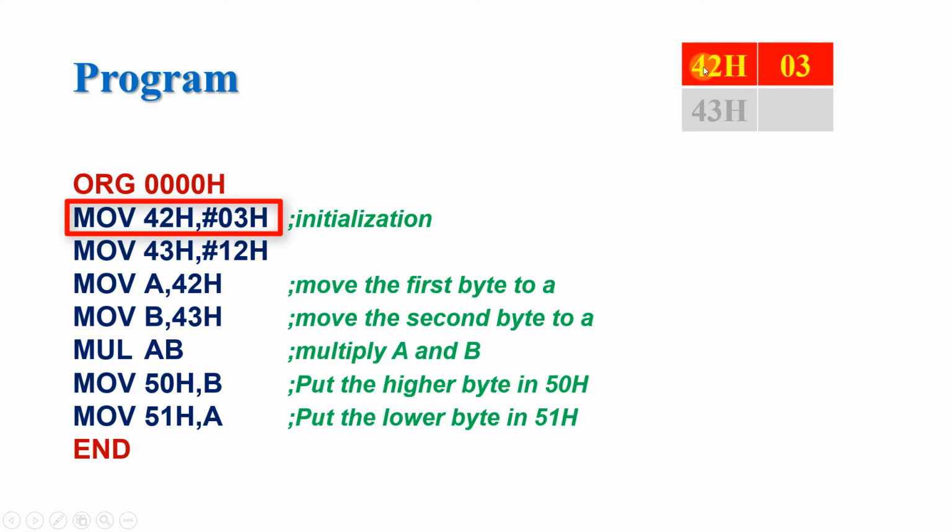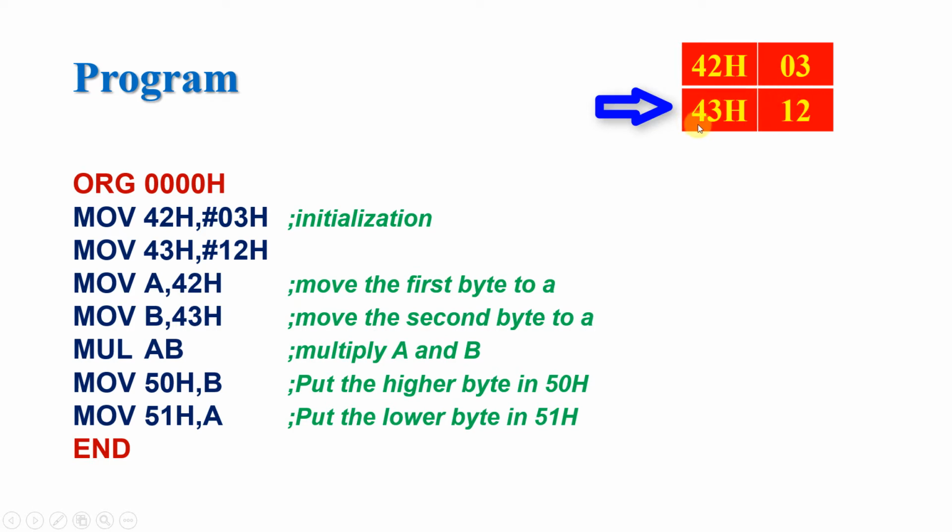So in memory location 42, we are putting a value 03. We are taking very simple multiplication problem. We don't want to complicate with that. And in second operand 43, we will put the number 12. So in the second operand, we are putting the number 12. So 42 contains 03 and 43 contains 12.